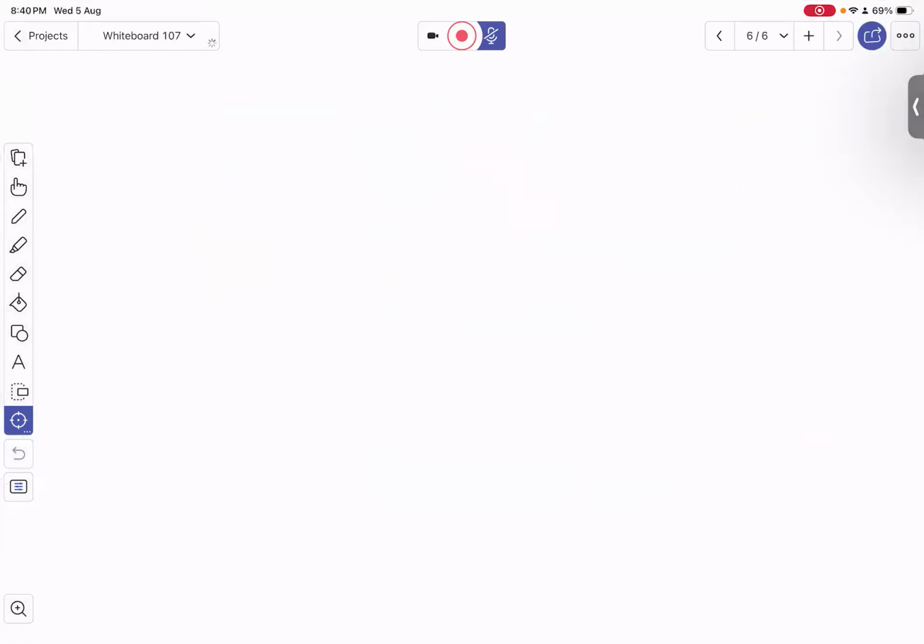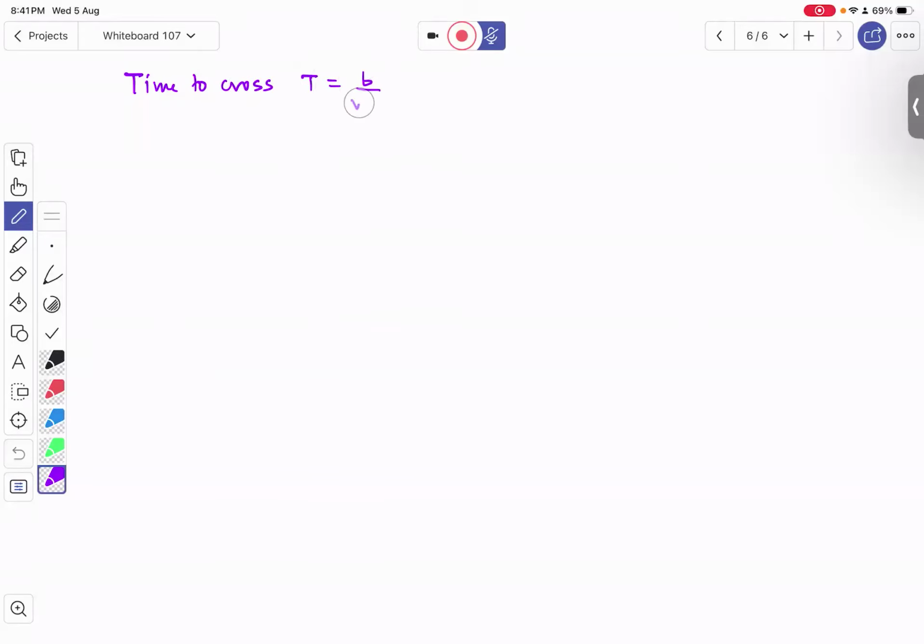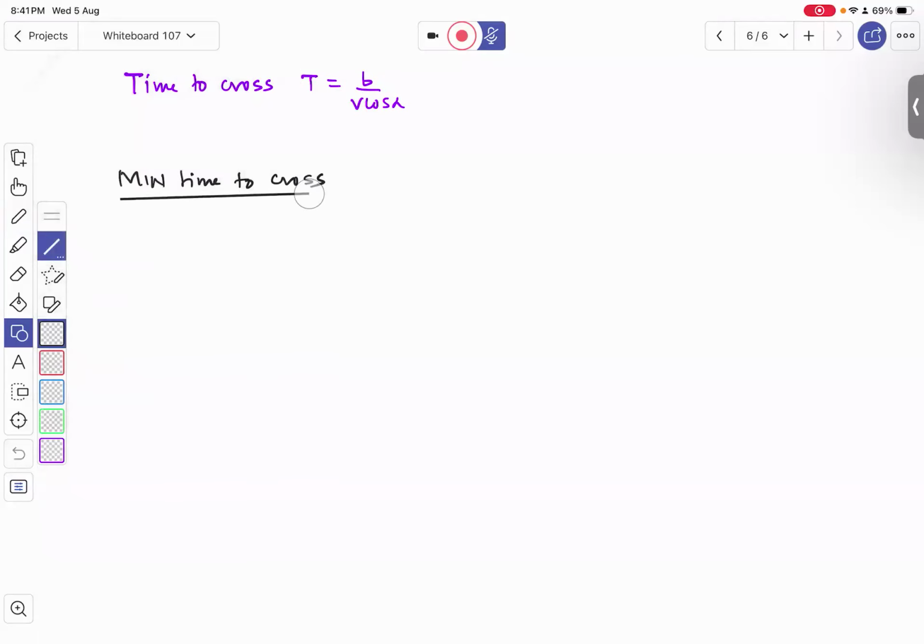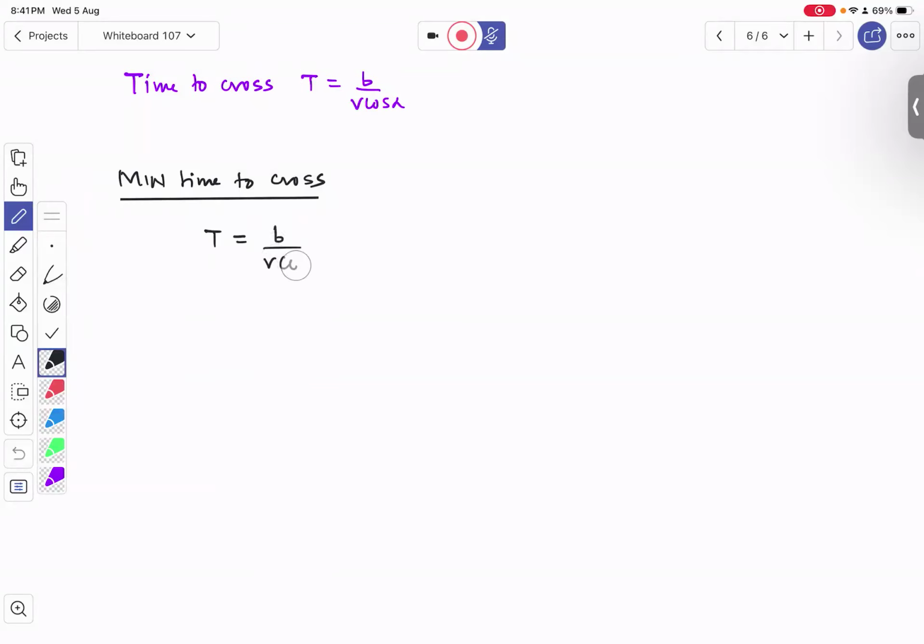So one way to look at it is to use the result that we have. Time to cross the river is B by V cos alpha, correct? One way to do this is to see that B is not going to change, V is not going to change.